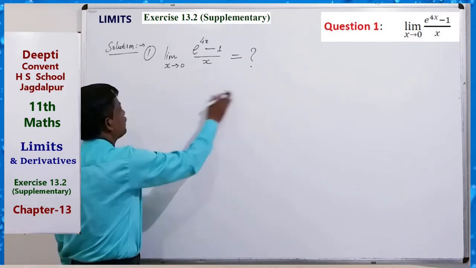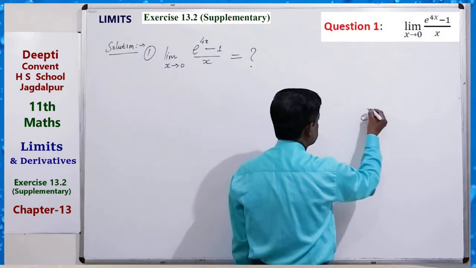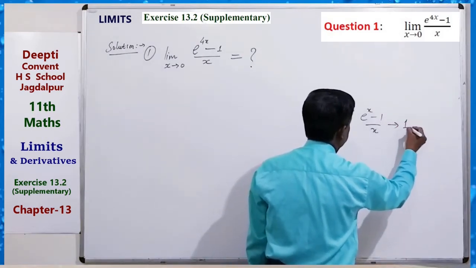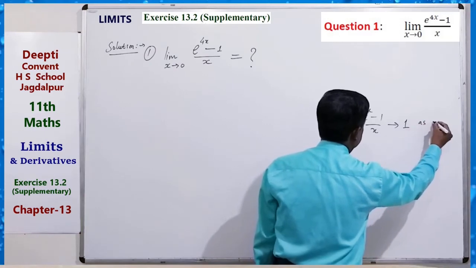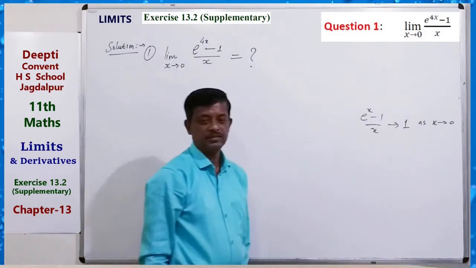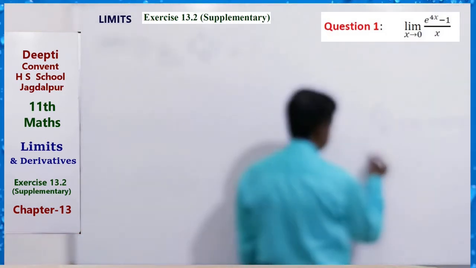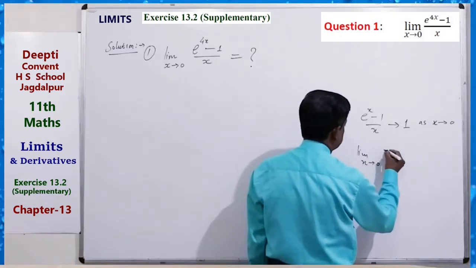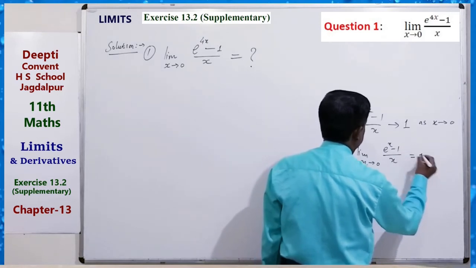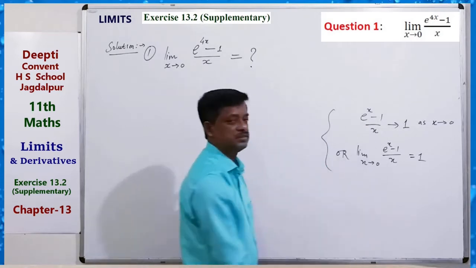Let's see here. We know the formula: (e to the power x minus 1) upon x tends to 1 as x tends to 0. We can write it like this, or also like this: limit x tending to 0 of (e to the power x minus 1) upon x equals 1.